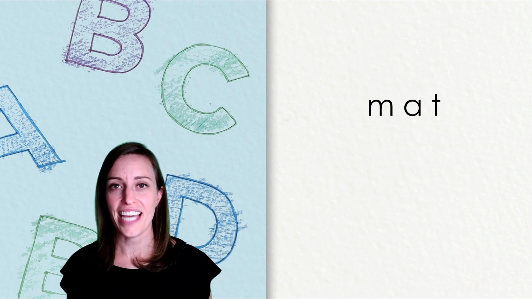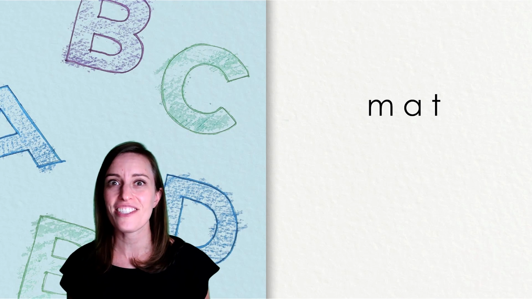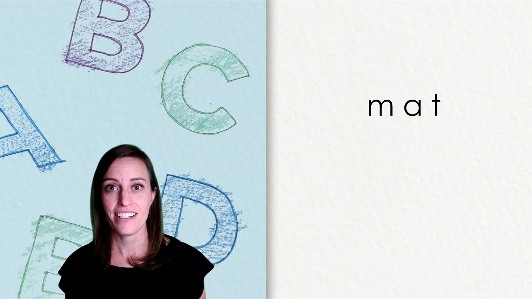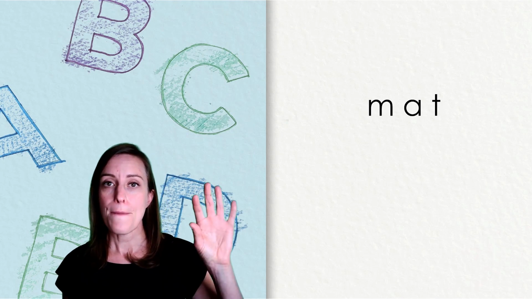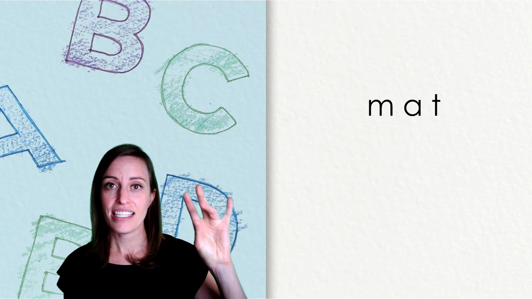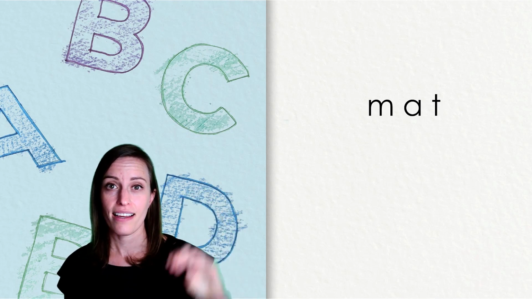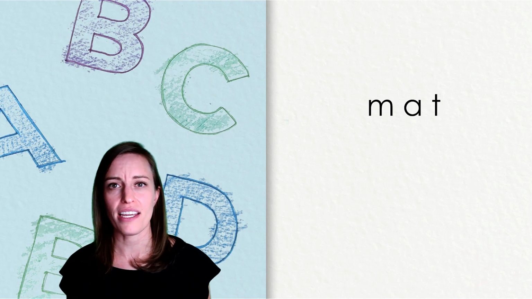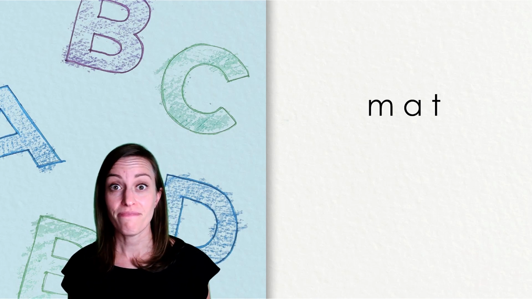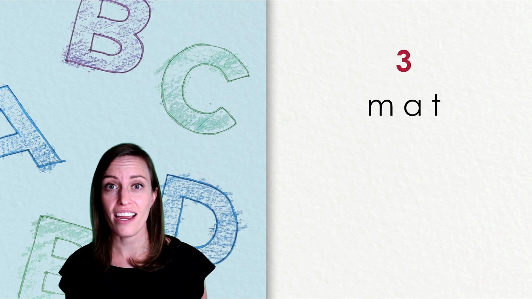Let's do one more together and segment each sound in the word mat. Are you ready? M, a, t, mat. How many sounds did you hear in the word mat? There were 3.